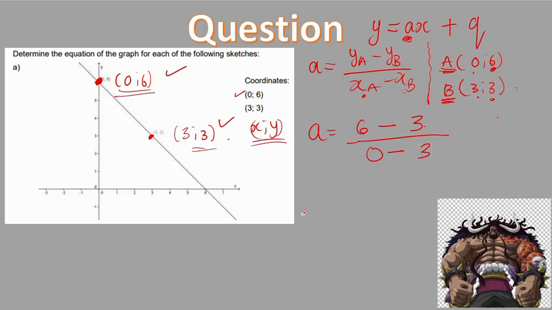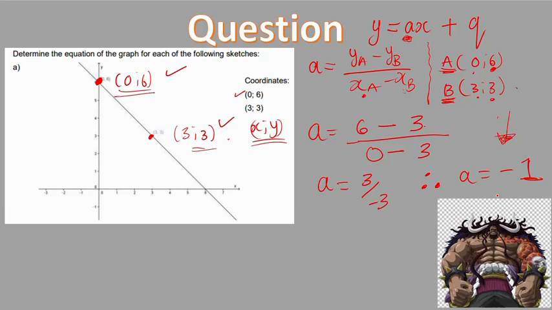Now you have a is equal to, you start with the numerator, 6 minus 3 is 3. 0 minus 3 is negative 3. Therefore a is equal to 3 over negative 3, which is negative 1. Remember, we already knew that this was going to be negative, because the graph is going to the direction of the left-hand side. It means this is a decreasing linear graph.